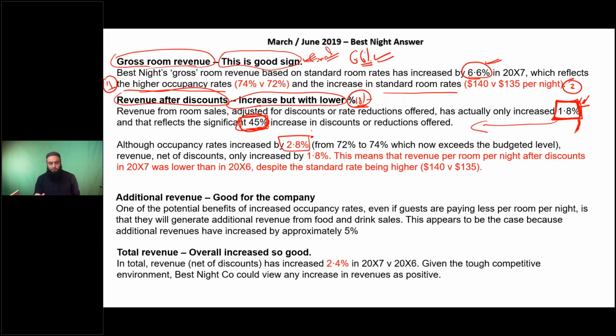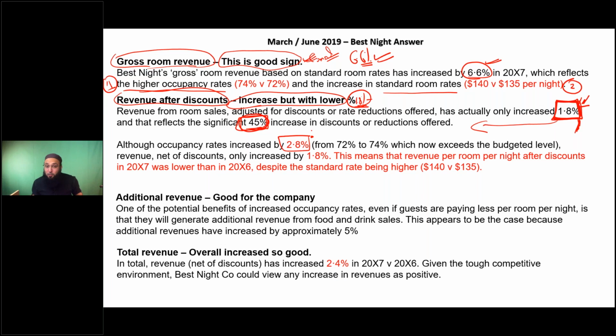So this is making it very clear that it is the increase in volume and occupancy which resulted in the 1.8% increase in the revenue, because the other factor, which is price, didn't have any impact on the increase in revenue. In fact, because of the discounts, your price has gone much lower compared to the previous year.